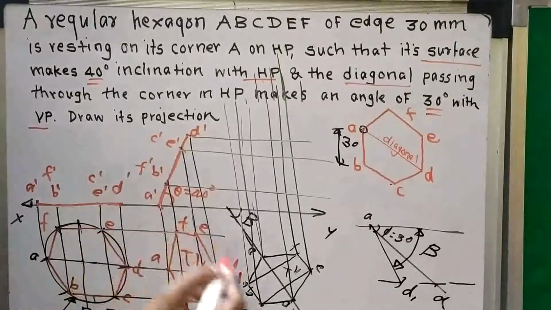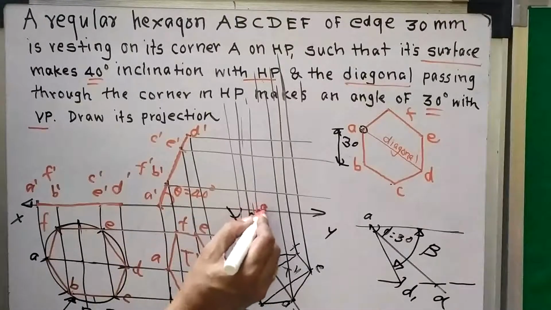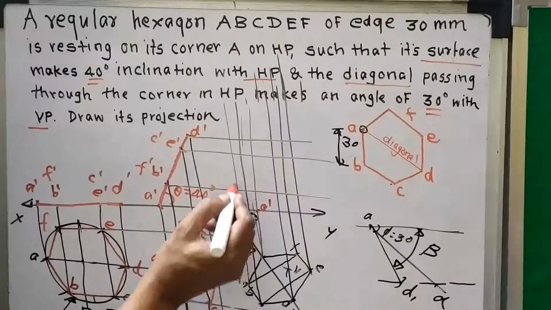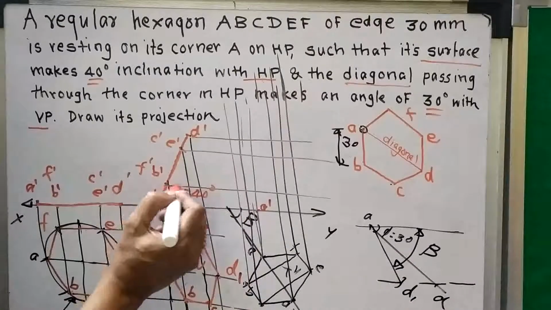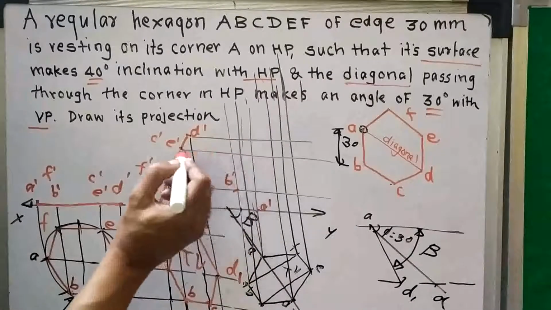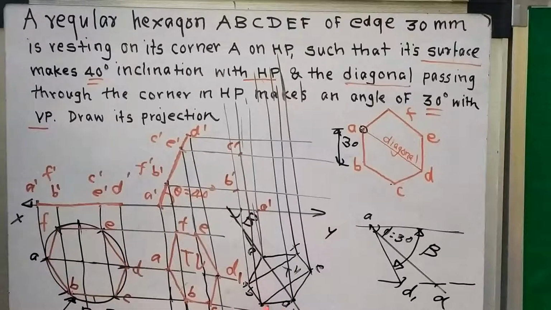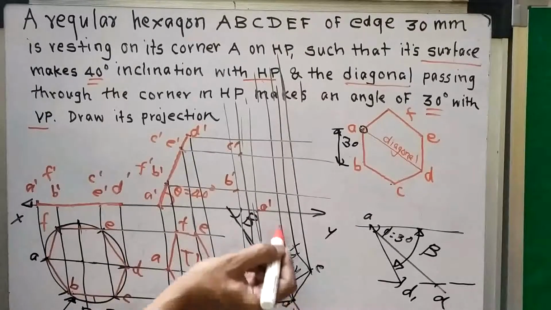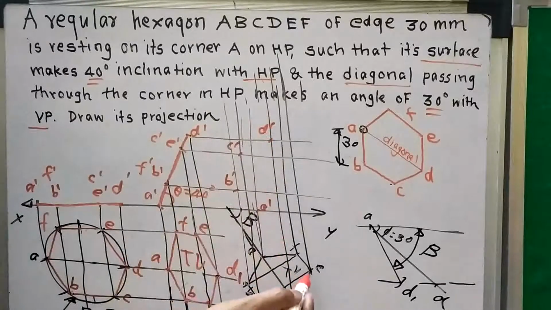So I got, this is A, this on XY, so this will be A dash. Then this B with this B, so this is B dash. Then this C with this C line, C dash. Then this is D1, D with this D, D dash.